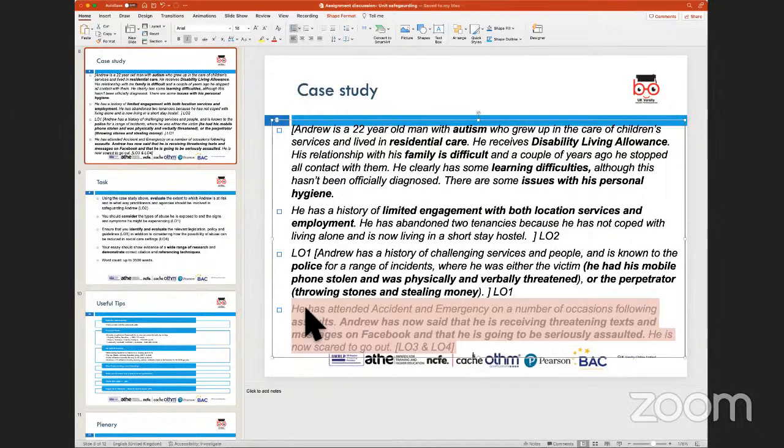And that is what I will use to discuss the acts and legislation and how they will be used by agencies and practitioners to reduce the likelihood of Andrew suffering any harm from the threats that he's receiving online on Facebook. And these would be minimized using the legislation or acts, or in this case, orders used by the local authorities to put him out of harm's way. So to put measures around him so that he cannot be harmed in any way possible. Is that okay?